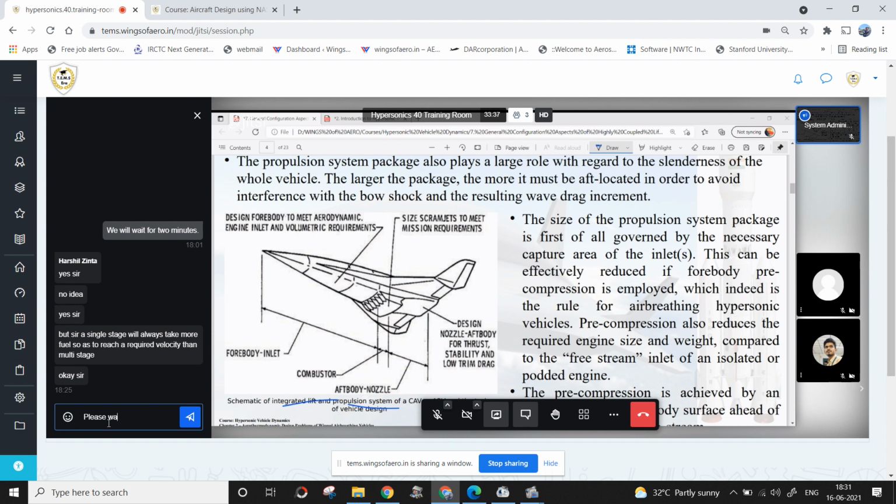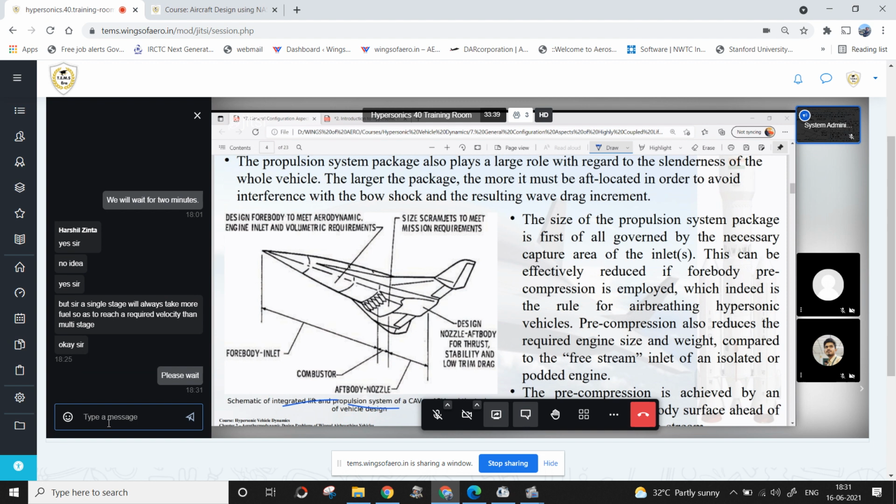Yes, see, right now the classes are going on only. The other students have joined there successfully. Which browser are you using right now? Chrome. In laptop only, right? In laptop.